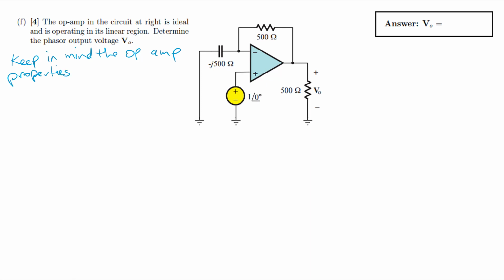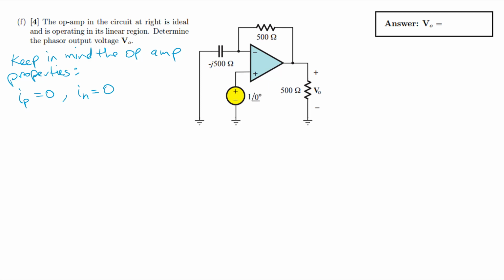Okay, so we know that for op-amps, no current flows into the input terminals. So in here and in here, there's zero current. So we denote that by positive input having zero input current and the negative input having zero input current.